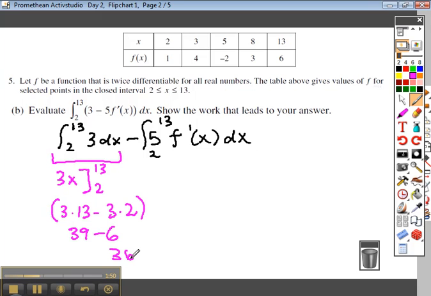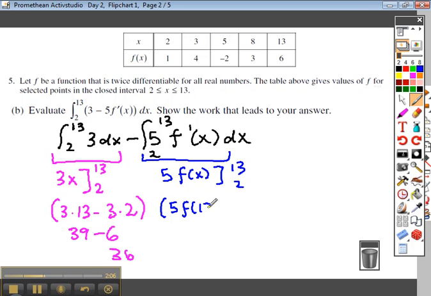Now, if we look at the other side of it, it looks complicated, but it turns out it's not. This is just going to be 5 times the integral of f prime, which is just f of x, evaluated from 2 to 13. So if you work it out, this is 5 times f of 13 minus 5 times f of 2. If you look up at the top, f of 13 is 6, so this is 5 times 6.